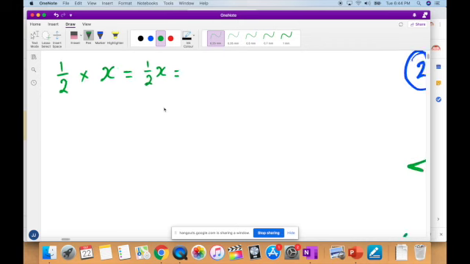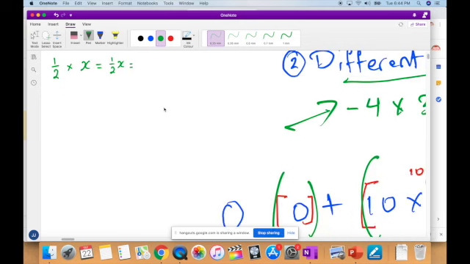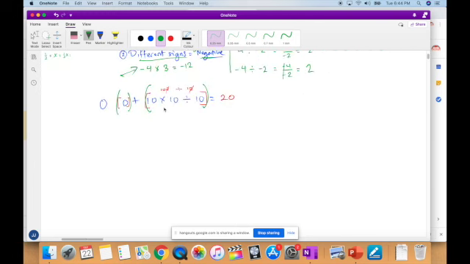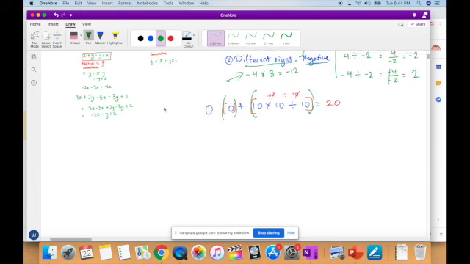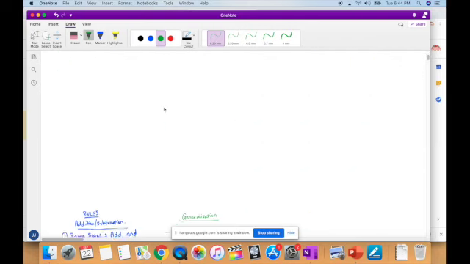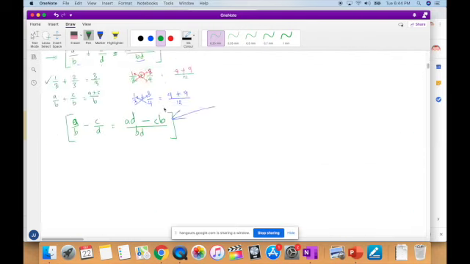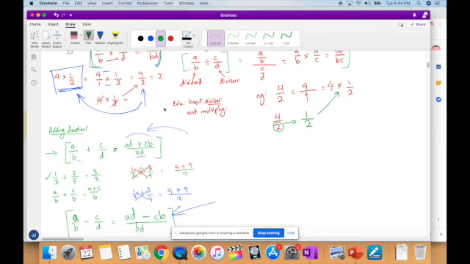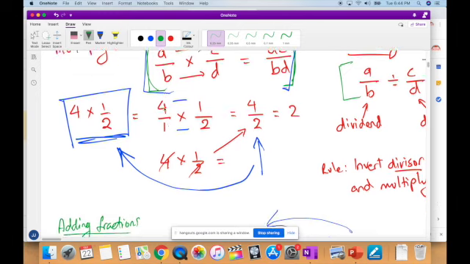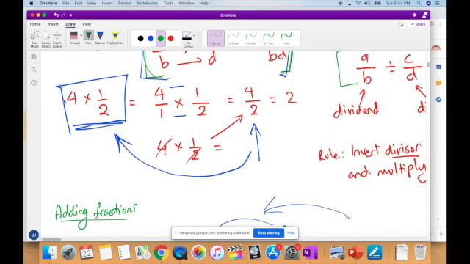We were talking about this last week in normal computations, and now we meet it in algebra, and you know what to do. 4 multiplied by a half is the same as 4 over 1 multiplied by 1 over 2. You multiply your numerators and your denominators, you get 4 over 2, which is 2. Remember you were saying that?